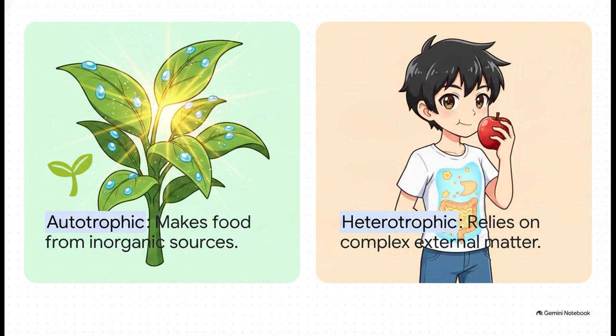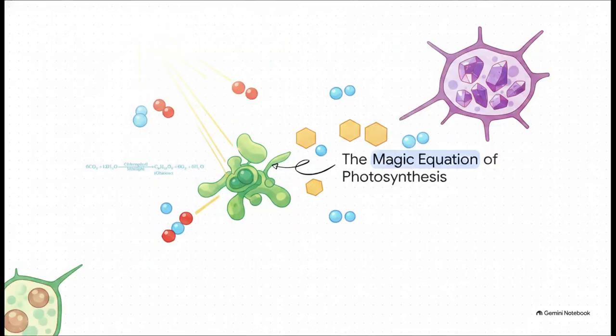Total DIYers. On the flip side, we have heterotrophic nutrition. This is us, animals, plus fungi. Heterotrophs can't just magically make food. Instead, we rely on ingesting complex external stuff, which we then dynamically break down into simpler forms using specialized biocatalysts or enzymes.